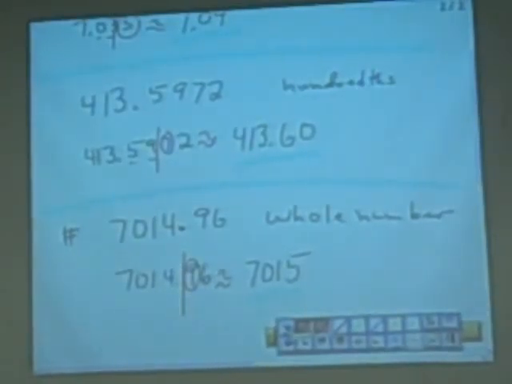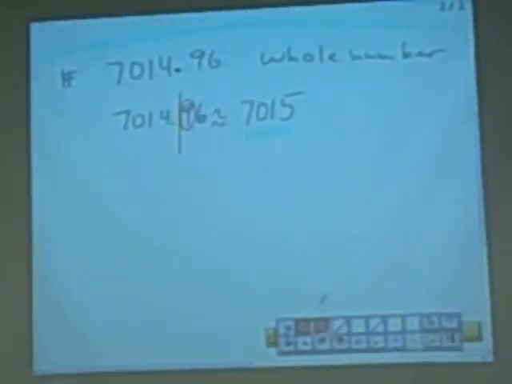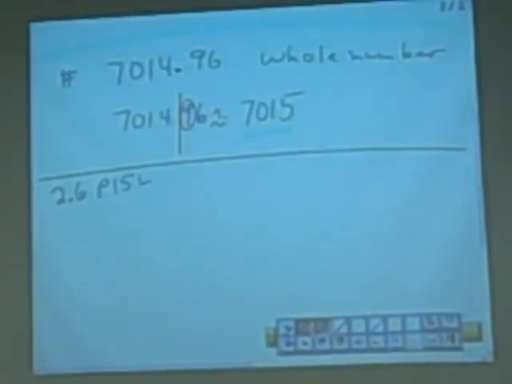Now we're going to jump ahead to section 2.6, page 154. And we want to convert more decimals to fractions.